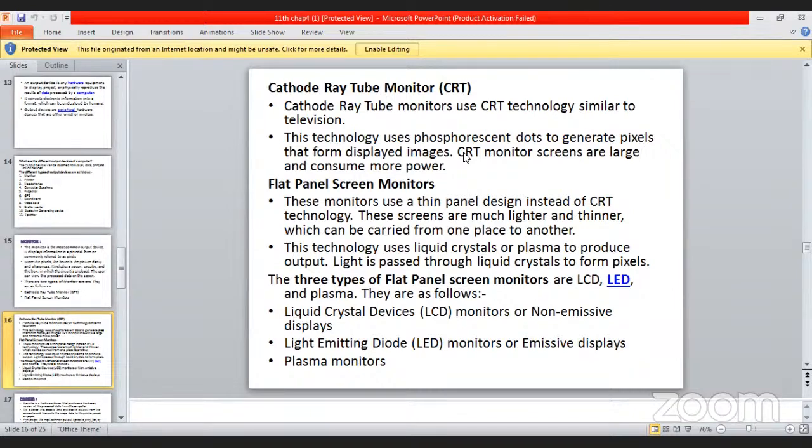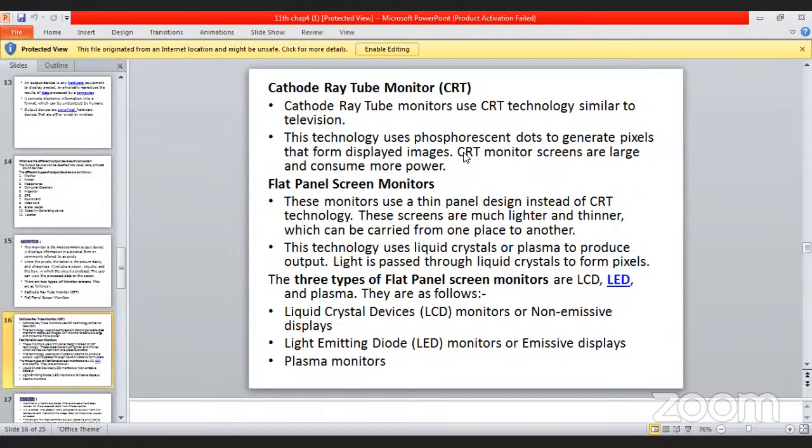Another is the flat panel screen monitor. What is the flat panel screen monitor? It is a thin panel design instead of cathode ray tube technology. These screens are much lighter and thinner, which can be carried from one place to another also.